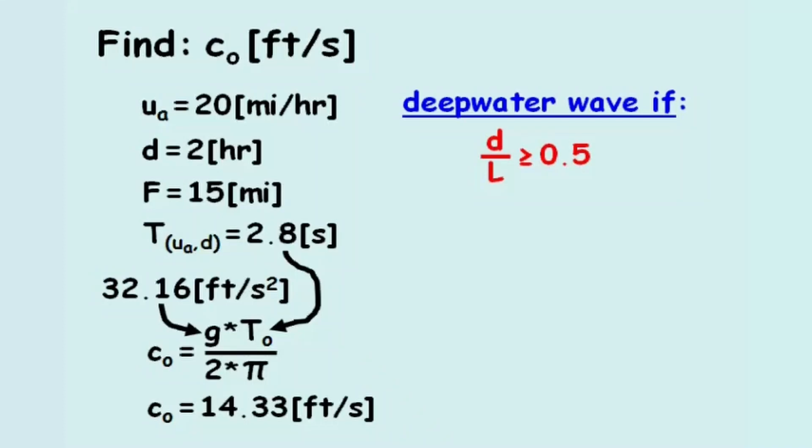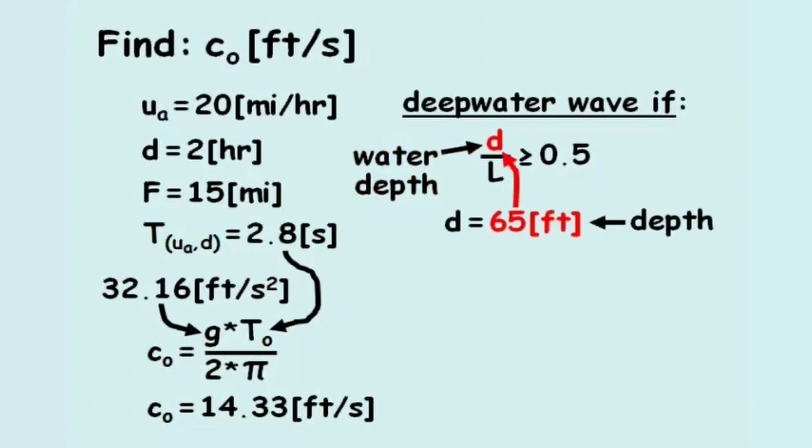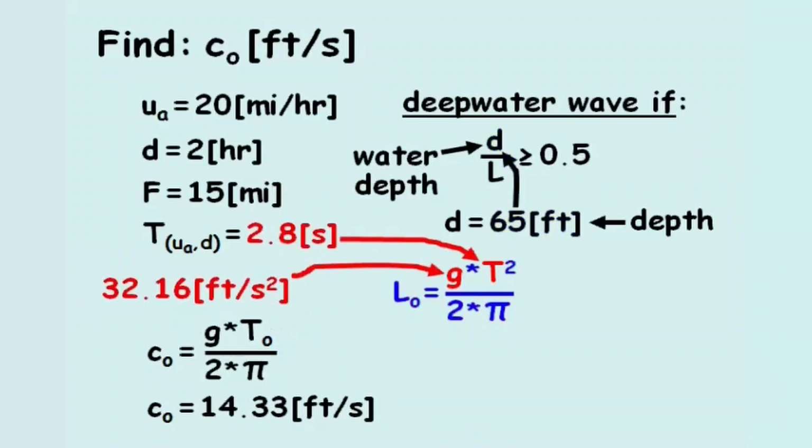In this expression, variable d refers to the depth of water, which was provided in the problem statement as 65 feet. L0 equals g times t squared divided by 2 pi. Here, we are assuming a deep water wave condition. After plugging in g and t, the deep water wavelength equals 42.128 feet.